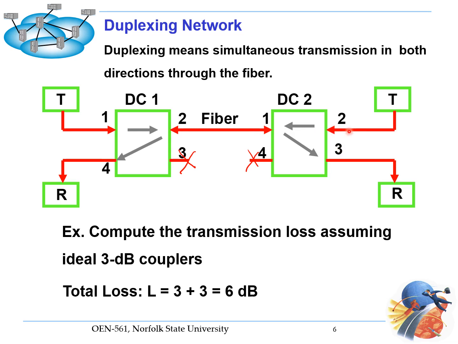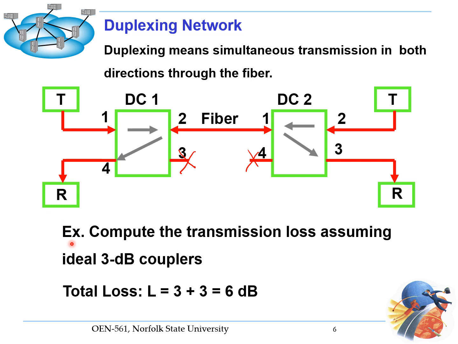The throughput port will go here, and the tap port will go to the receiver. And in fact, for the transmission from the first user to the second user, we use the tap port. And the situation is symmetrical when we transmit from the right to the left.